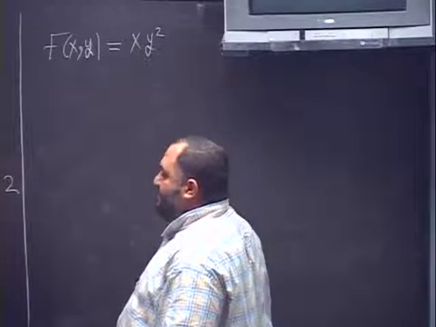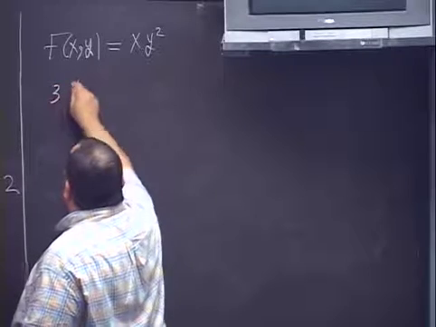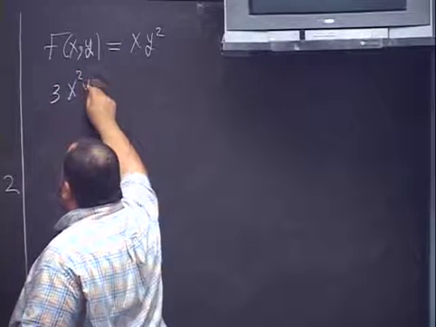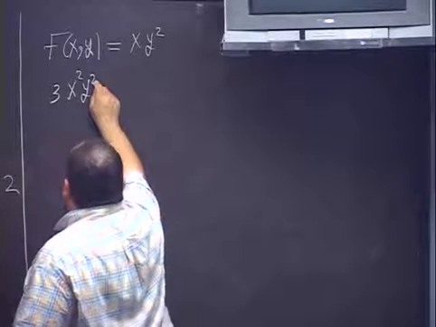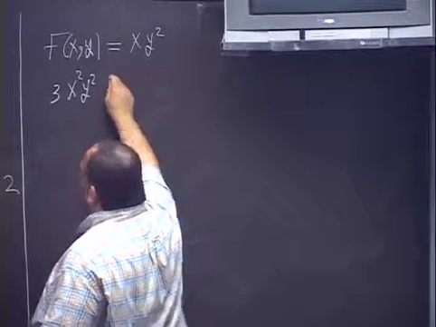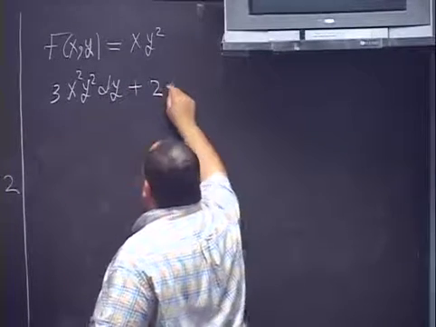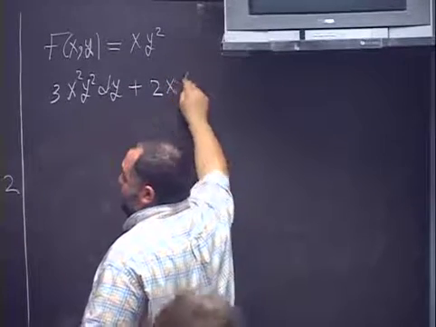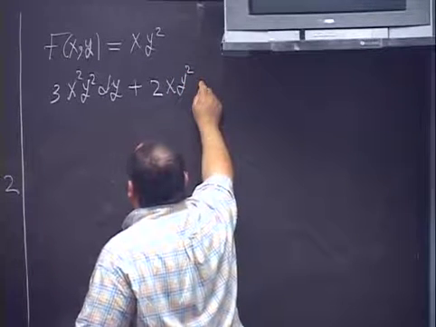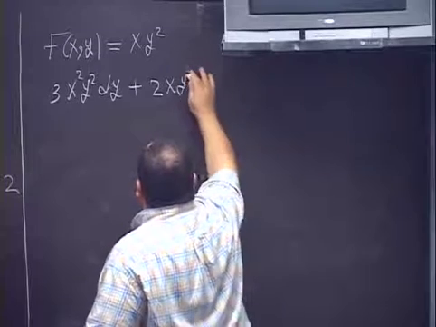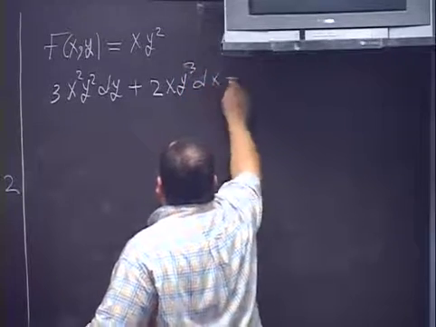If you multiply by x y square, this will give you 3x squared y squared dy plus 2 x y cubed dx, and this is equal to 0.